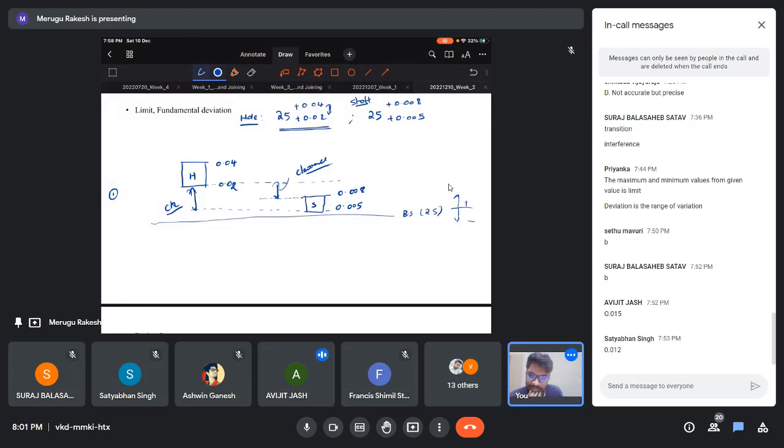So whoever said that earlier is the correct one. So when both have the maximum material limits, what value are you getting? What is the value of this clearance? 0.012. What is the value of this? 0.015.